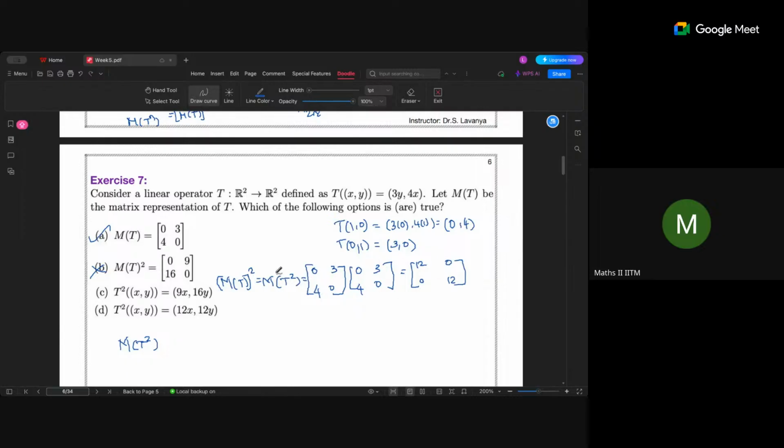So we have the matrix of T square. So if we know the matrix of T square, can we say what is the transformation? So this is the matrix, right? So this is A square. So A square xy gives you T square xy, right? So which option is correct? Option D. Yeah.